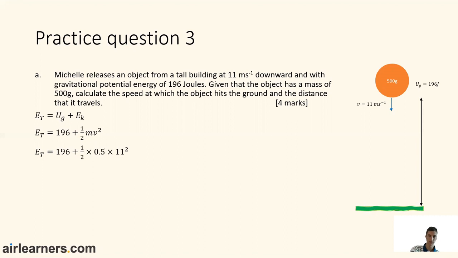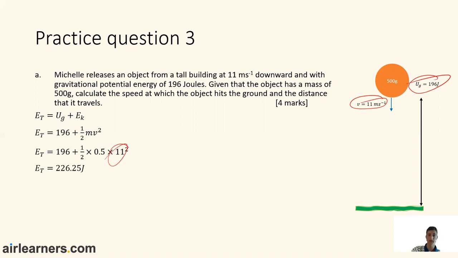And then we're going to use the initial velocity, which is going to be 11 meters per second. We're going to substitute that in over here. So that energy combined is the initial energy, or the total energy. And that gives us 226.25 joules.